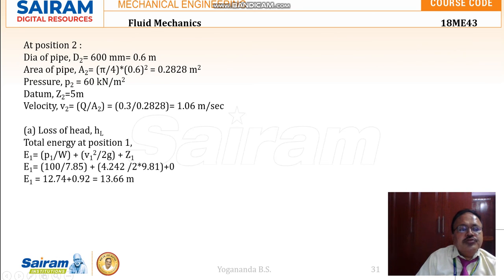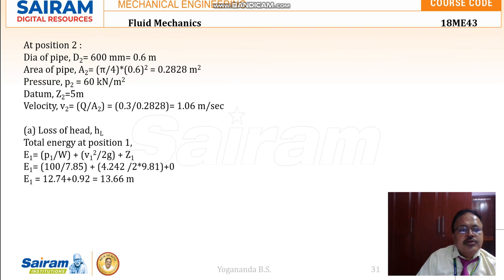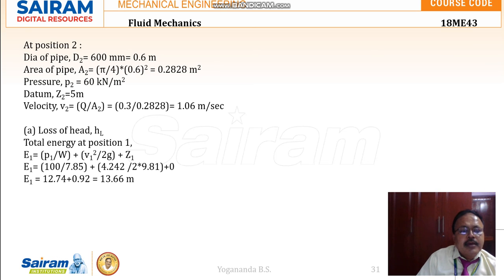At position 2 the diameter is given, the pressure is given, and the datum: position 2 is 5 meter above the datum line, so Z2 is 5 meter. Position 1 is taken on the datum line, so Z1 is 0. The loss of head HL will be calculated here.